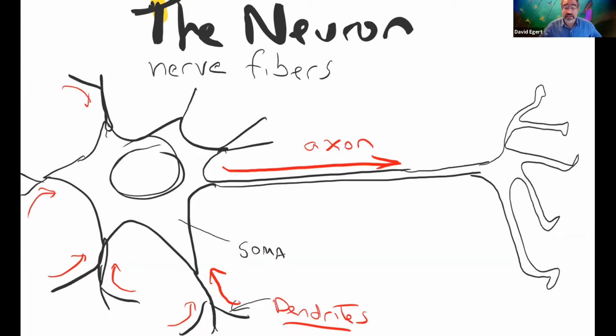So you can have an axon that can be a meter long. This can be super long. The axon originates at a part of the soma called the axon hillock, which is going to become important as we continue our discussion.